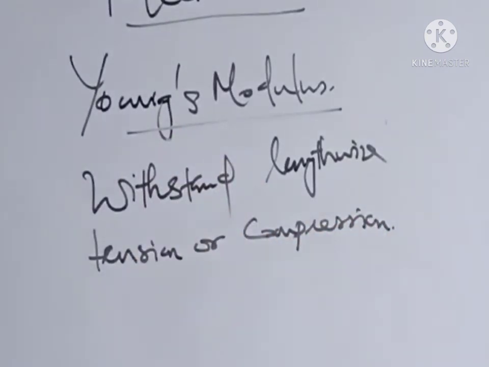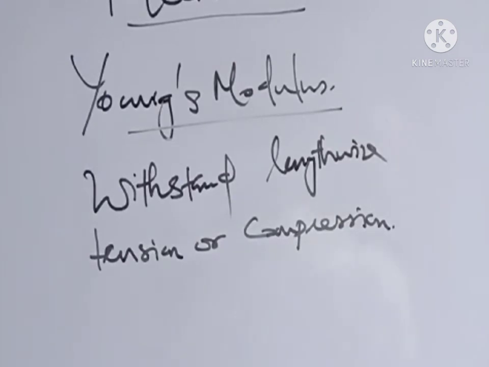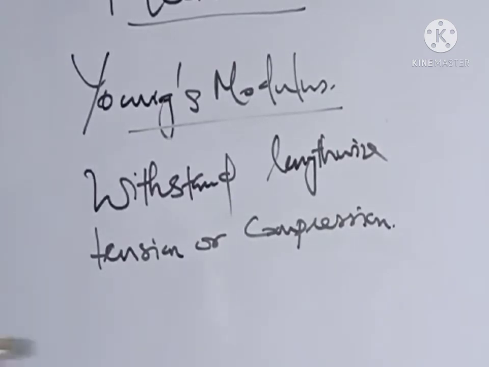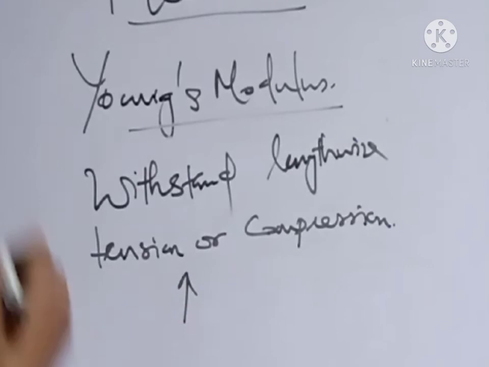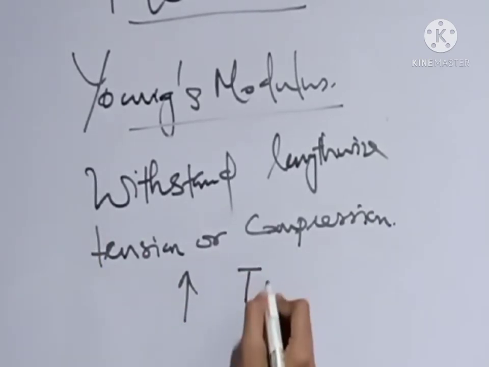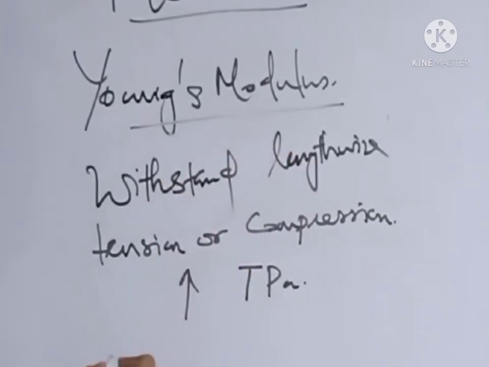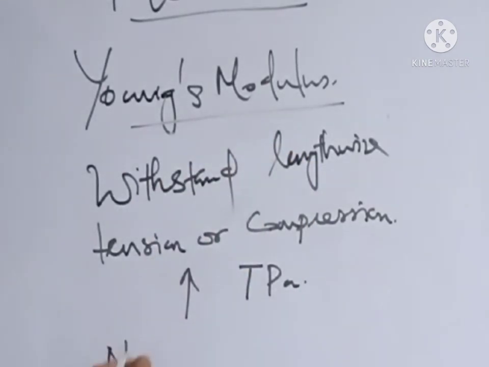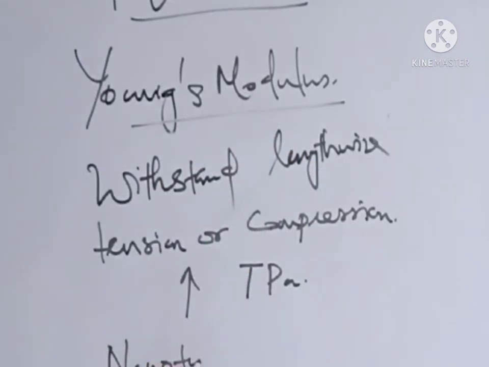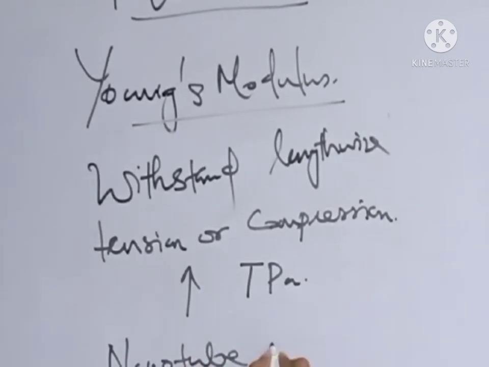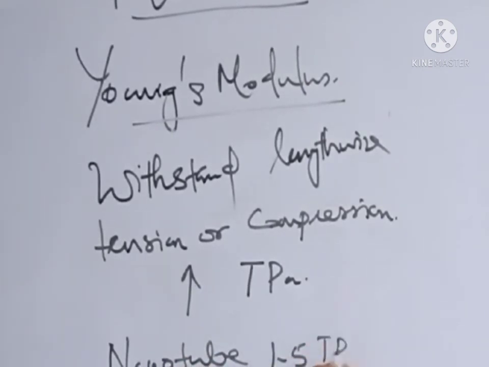Young's modulus of nanomaterials is also very high. It is in the range of terapascals. For example, the Young's modulus of carbon nanotube is 1 to 5 terapascals.